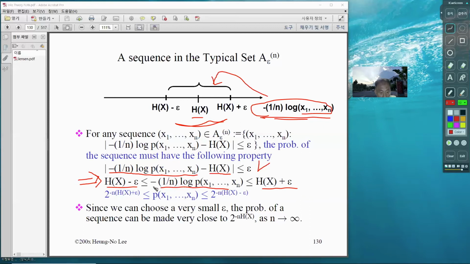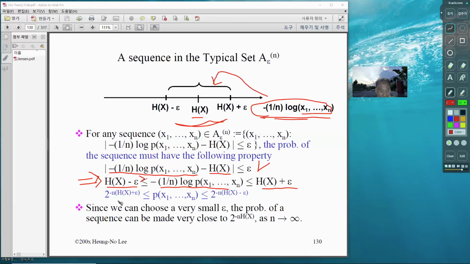Now I have a minus sign here, and I apply a minus sign to all sides. Then the inequality goes the other way around, right? And I multiply by n on all sides.